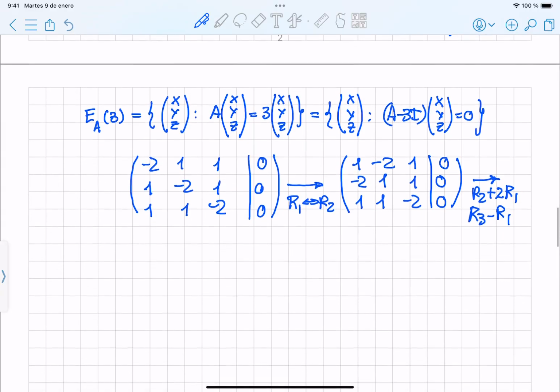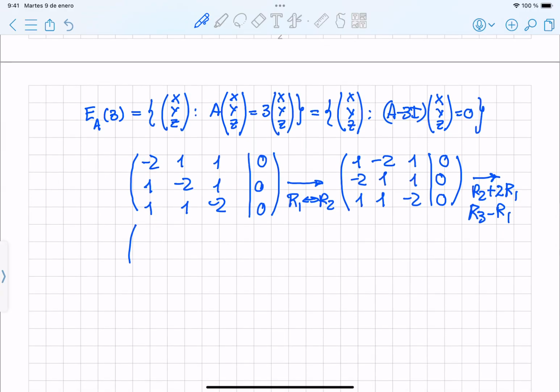If you do these two operations, then the first row remains, and now this becomes 0, -3, and 3, and the last row becomes 0, 3, and -3, and 0. Okay, this is the first pivot.